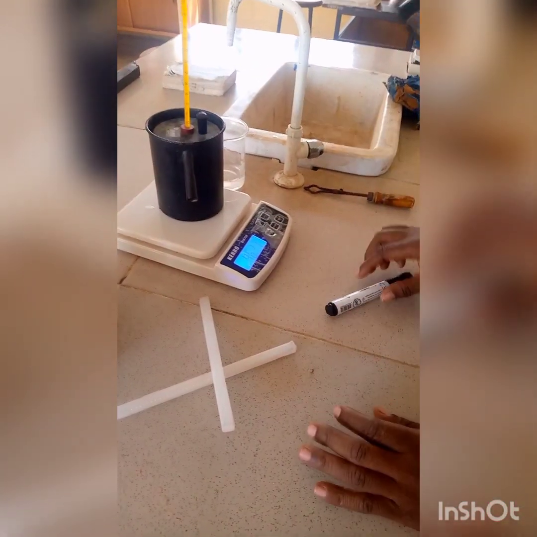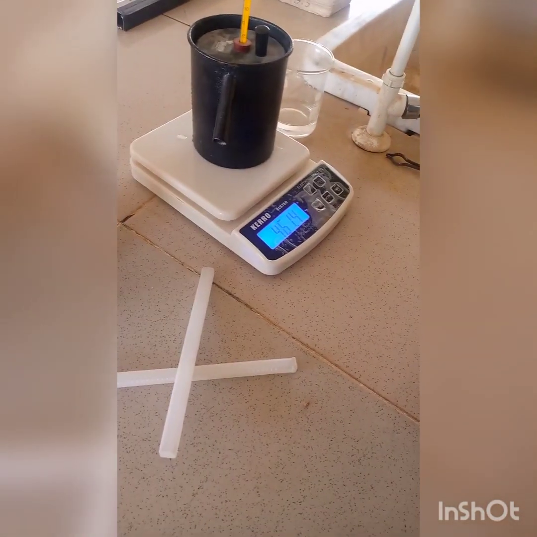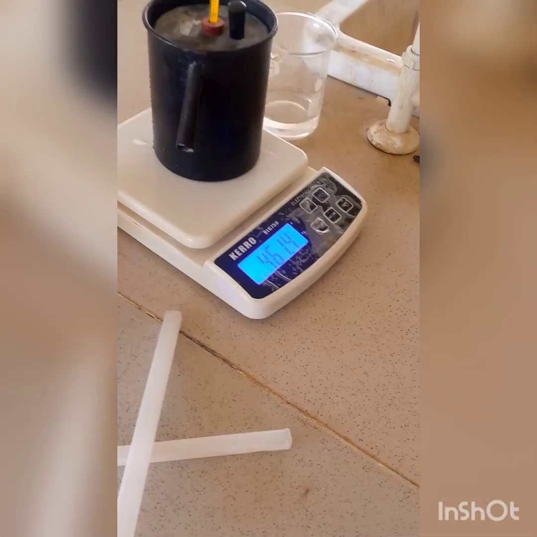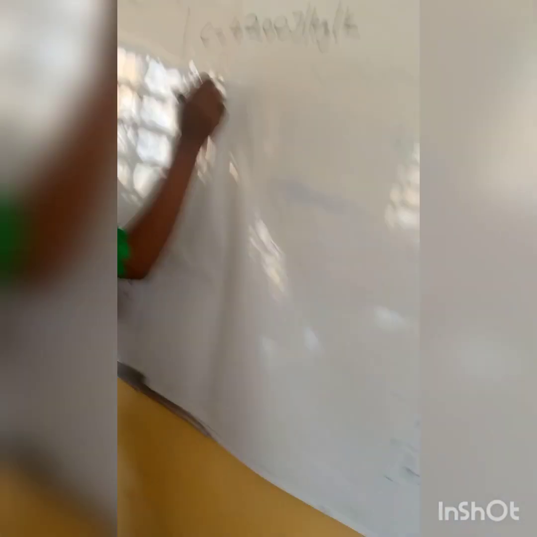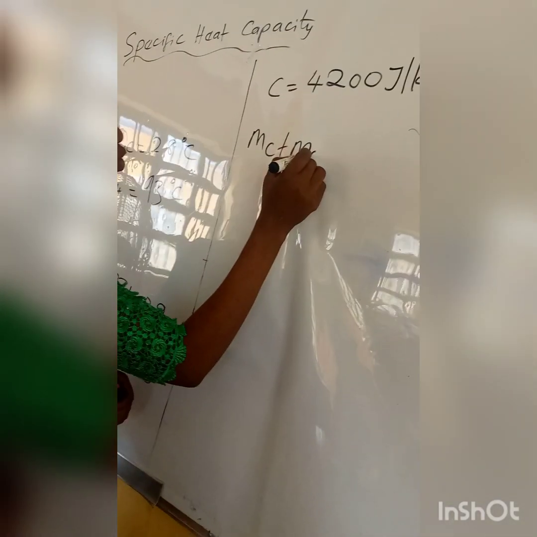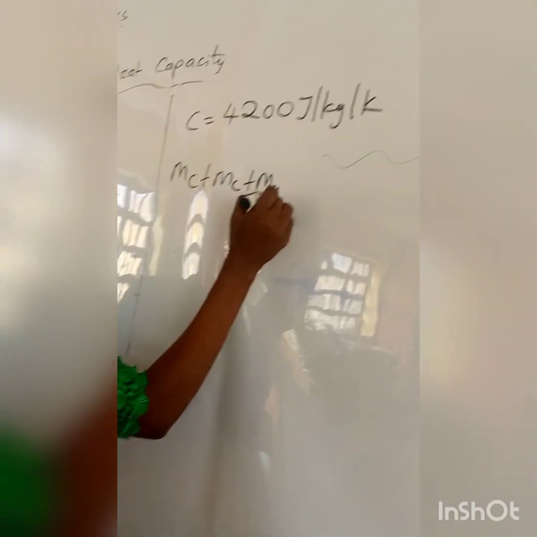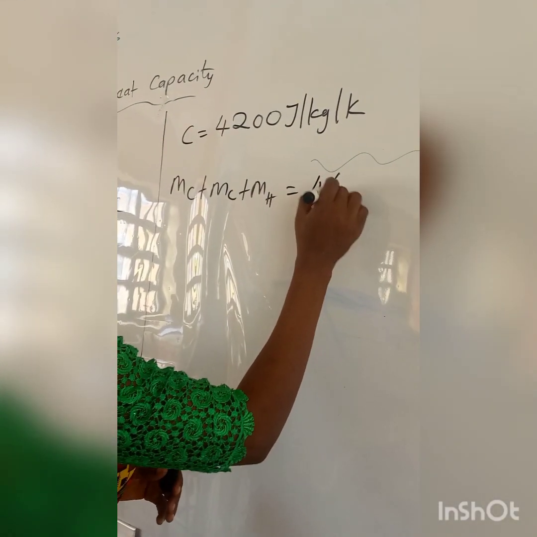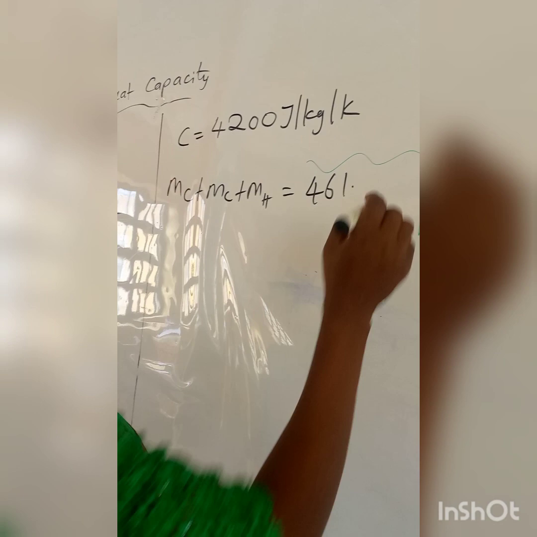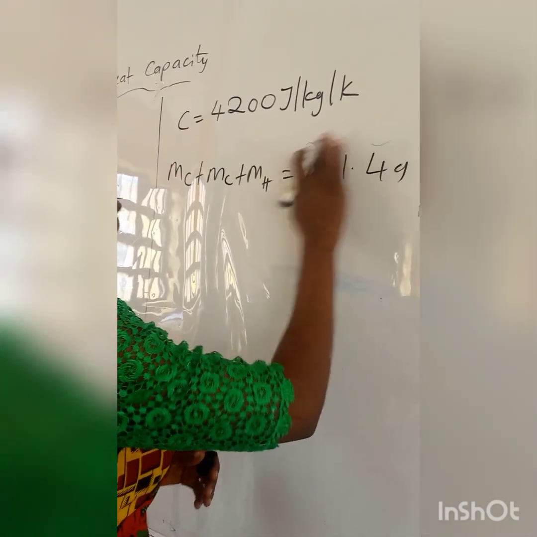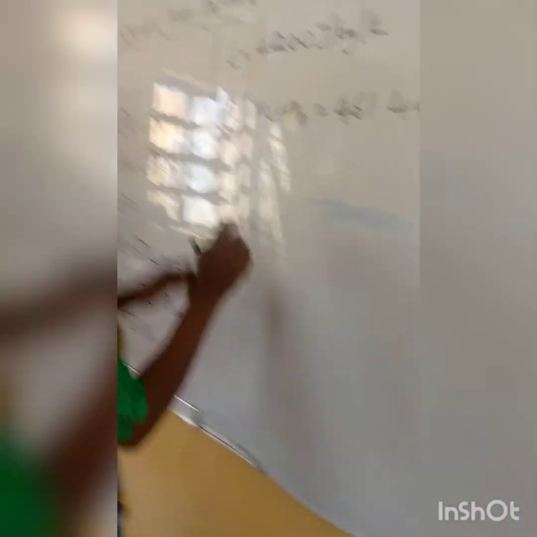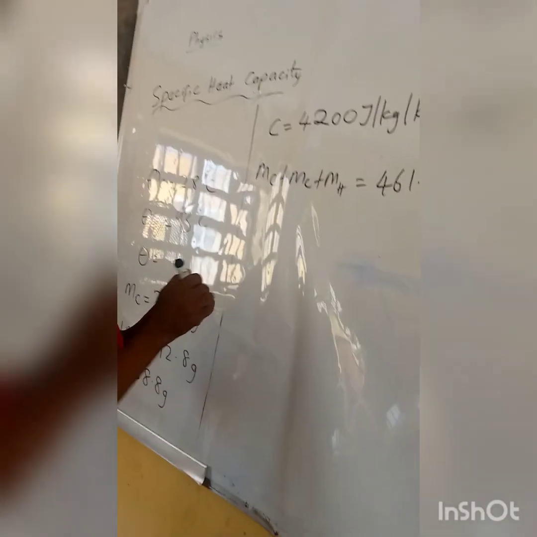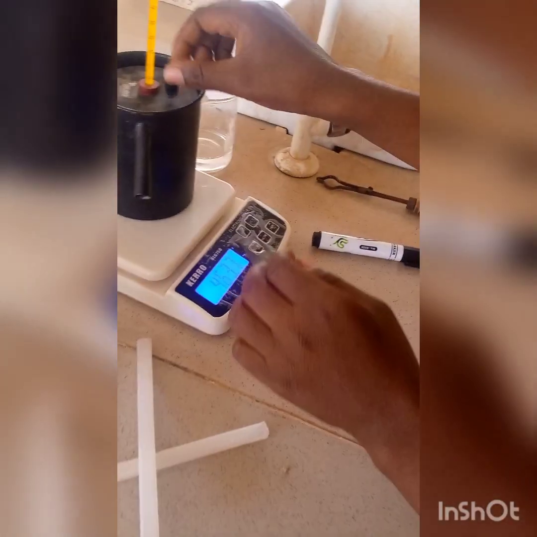Okay, the mass is 461.4 grams. That's the mass of calorimeter plus mass of cold water plus mass of hot water. To find the mass of hot water, we will do this calculation later. So let's get our steady temperature.